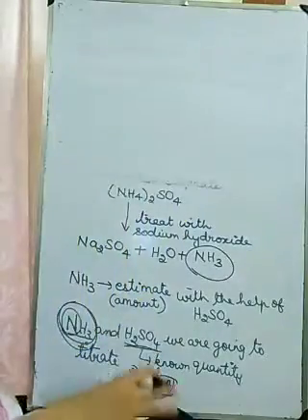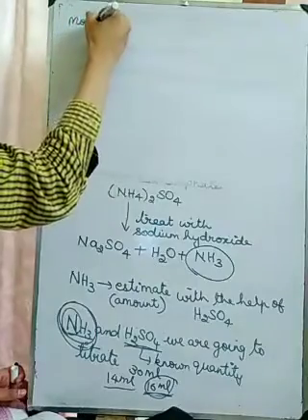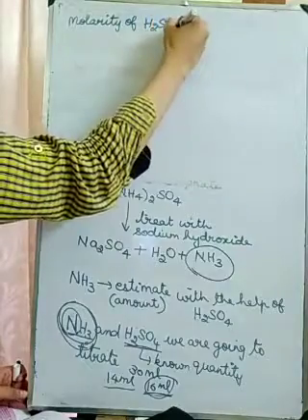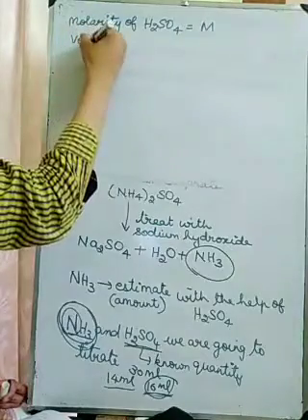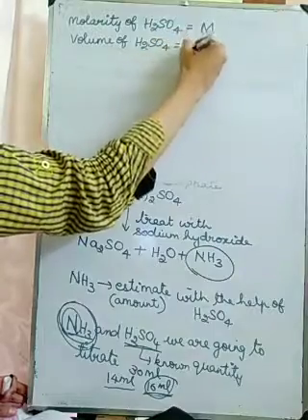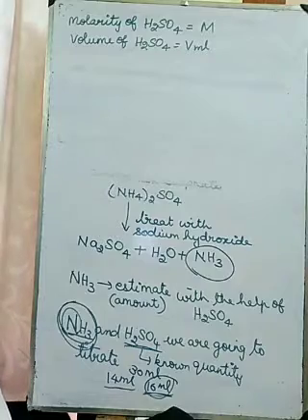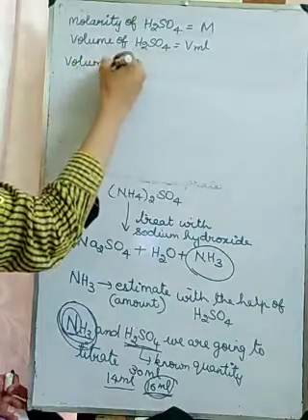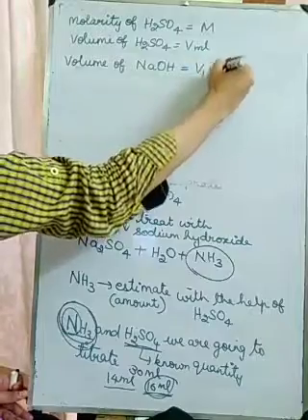So take down: the molarity of sulfuric acid, the volume of sulfuric acid, the volume of sodium hydroxide is V1 ml.